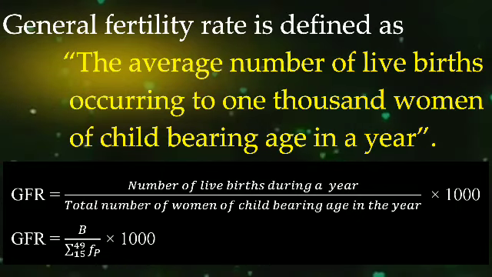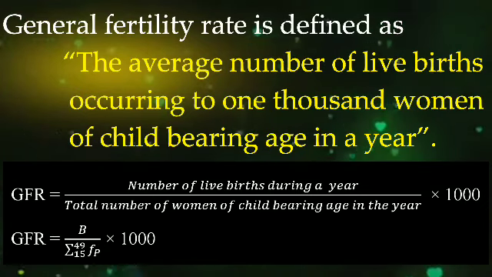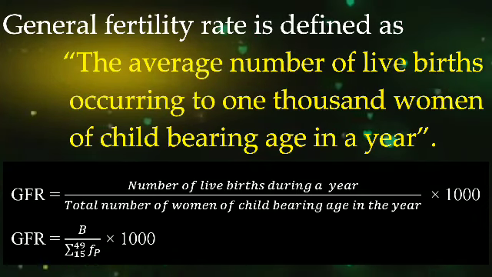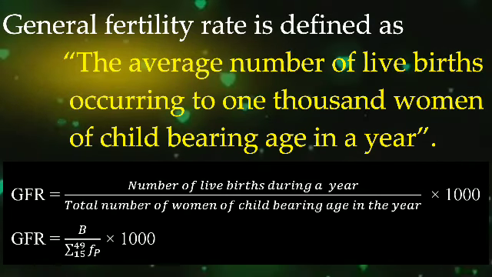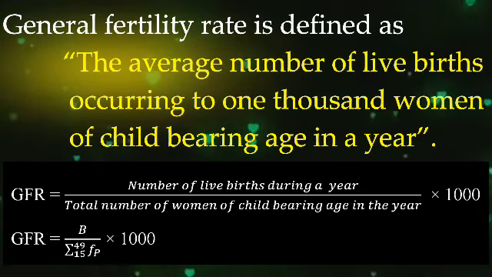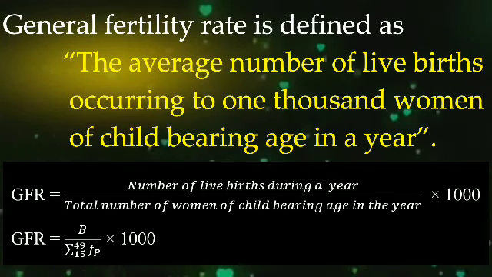Now here, in order to find the GFR, in the numerator you should consider the births, divided by the total number of women of childbearing age, which means you should consider only the women population for the age group 15 to 49.